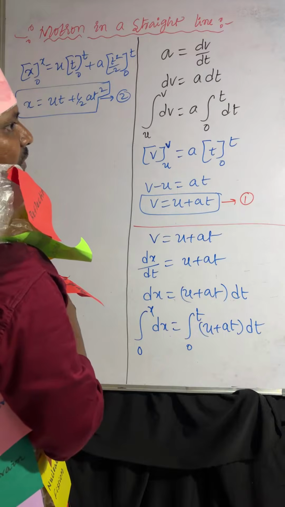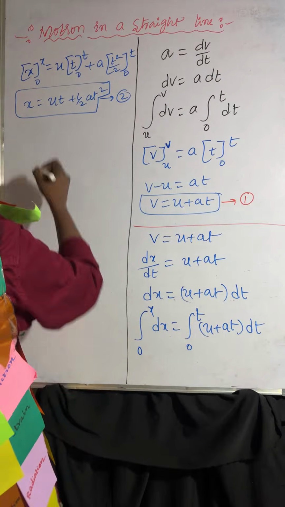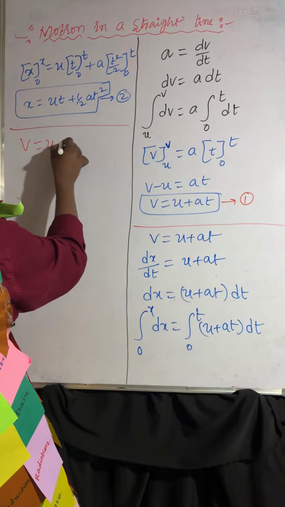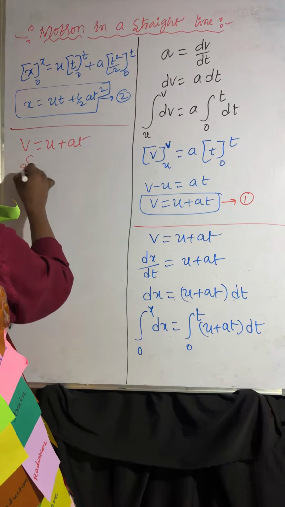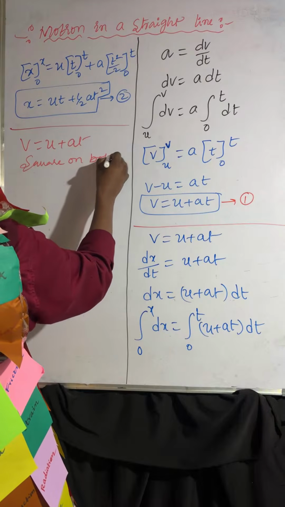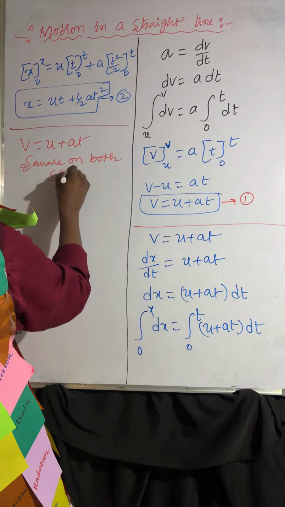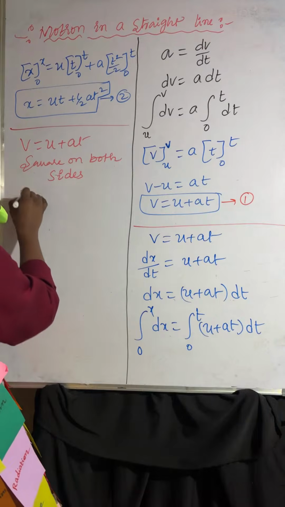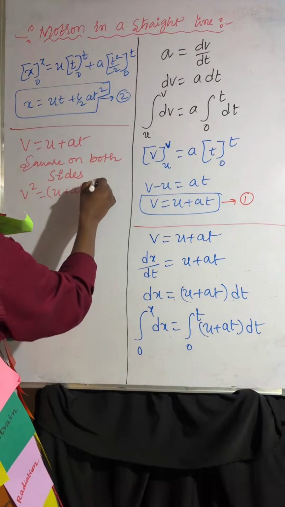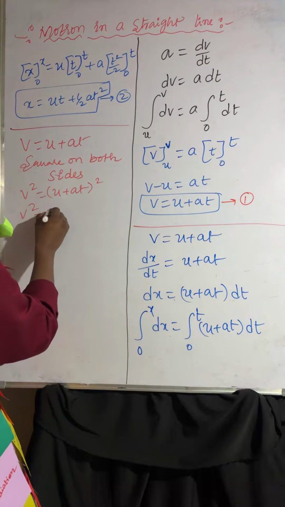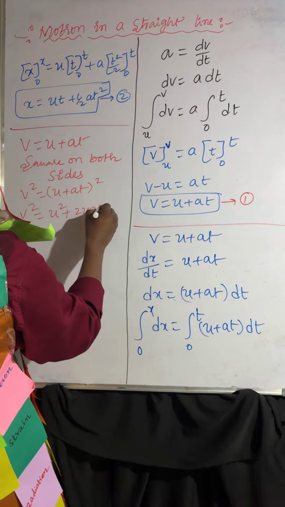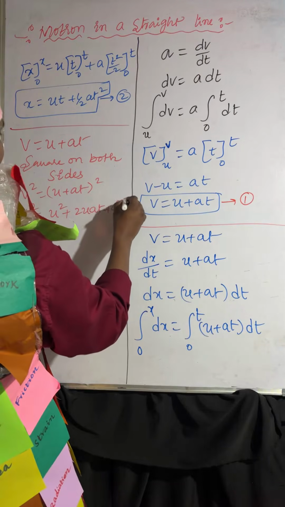Now, the last equation. Here you can take v equals u plus at and square on both sides. Then v square equals (u plus at) whole square. Then v square equals u square plus 2uat plus a square t square.